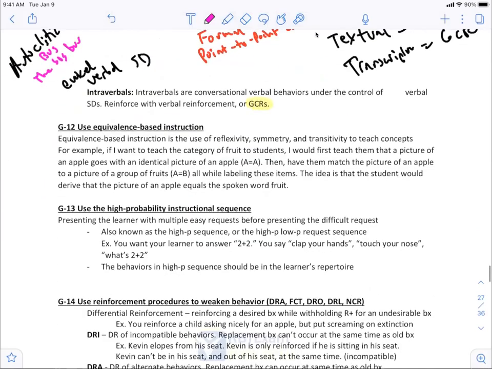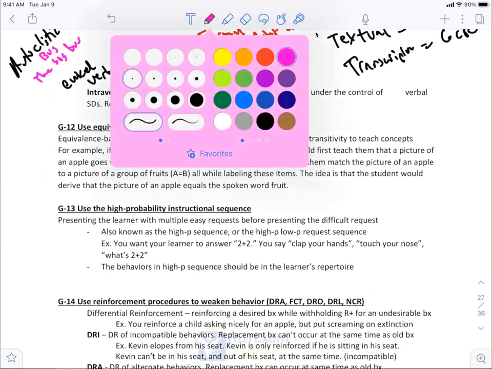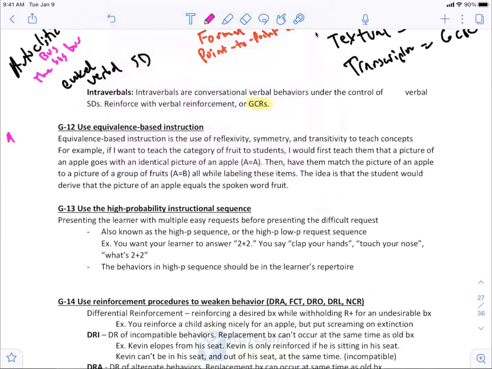All right. Use equivalence-based instruction. We're talking about reflexivity, symmetry, and transitivity, stimulus equivalence. Okay, so reflexivity is what? Reflexivity is A equals A. Symmetry is what?